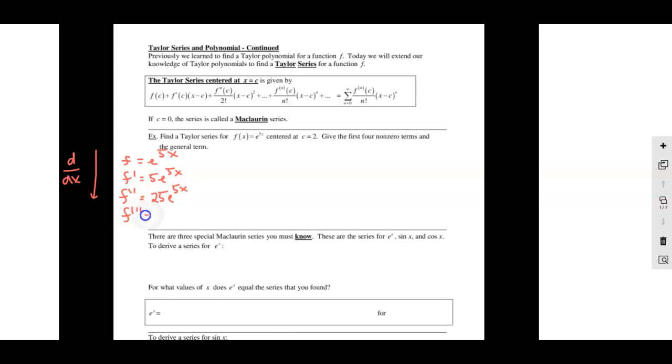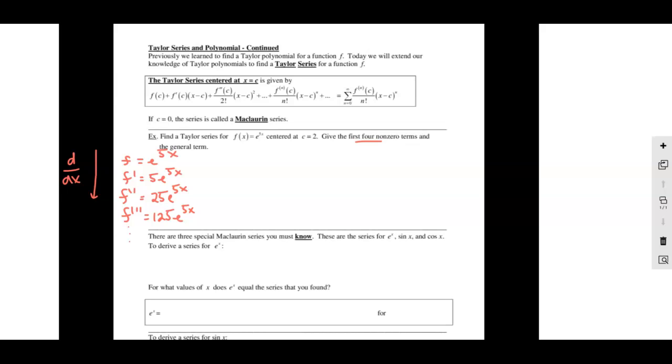And the third one would be, let's see, 125 e to the 5x. Does it tell us how many terms? It says 4. We have the original function and then 1, 2, 3 derivatives. So methinks that's probably going to be enough. If we wanted to go more, we could keep taking derivatives. I'm not going to. It would keep going, but we're done.